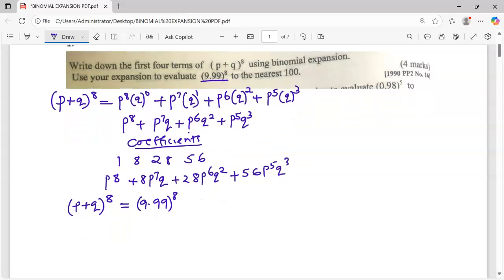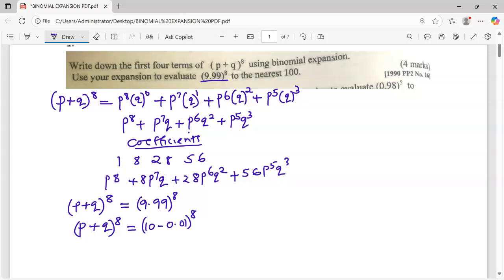So what we are going to do, since we need the values of p and q, we are going to split 9.9 into 2, and therefore this is going to be (p + q) raised to the power of 8, and this one is going to be 9.9, which is the same as 10 minus 0.01, and now we can raise this to the power of 8.